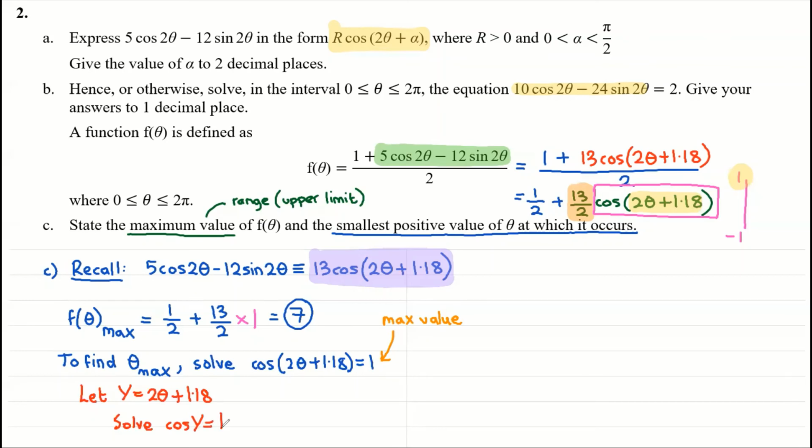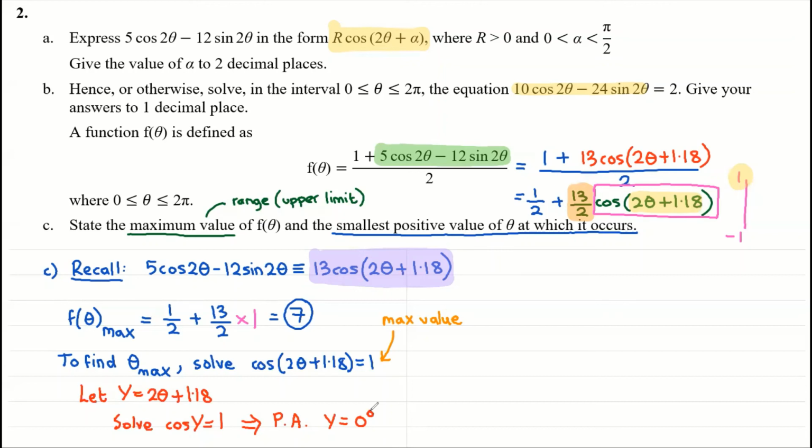If you do that, your principal angle, which I'll just write as PA, is just going to be 0, because that's 0 degrees.